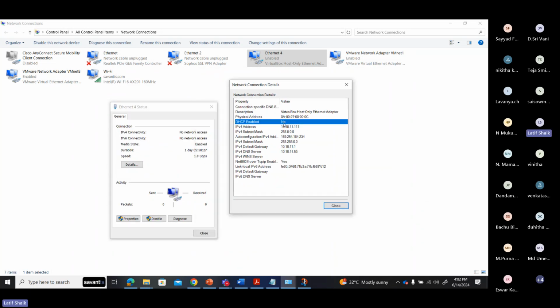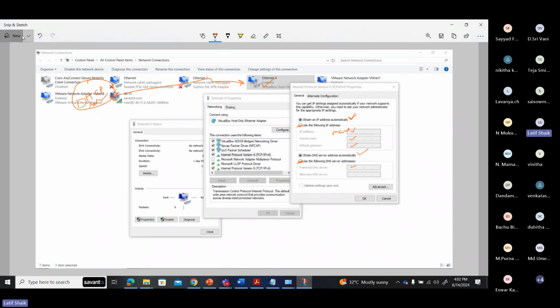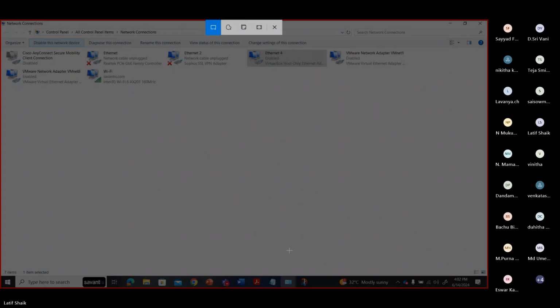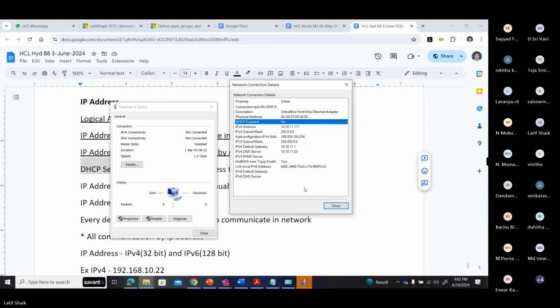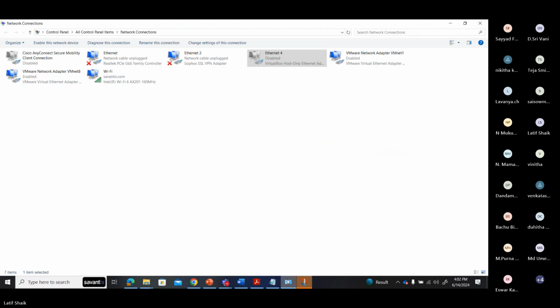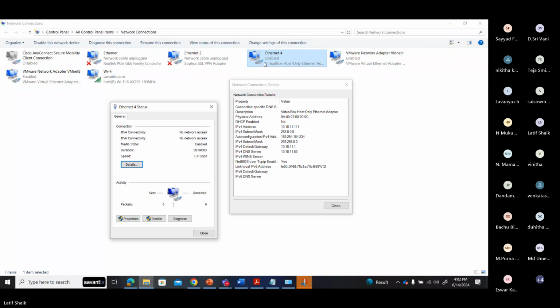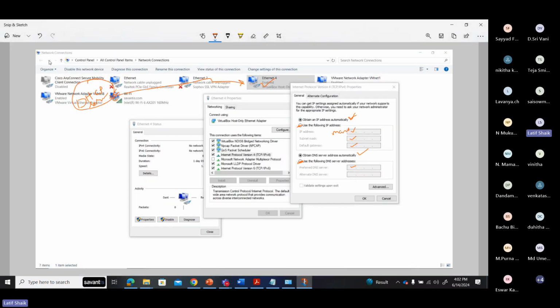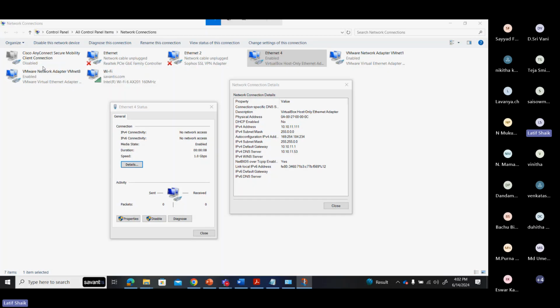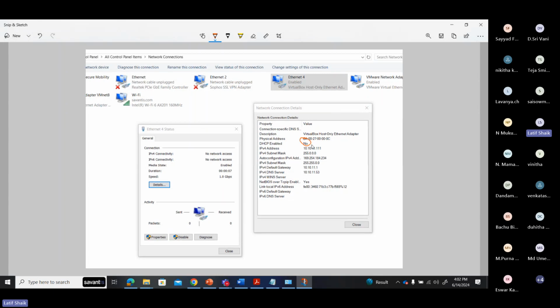So it shows DHCP enabled: no now. Look at this, DHCP enabled no means you configured the IP address manually.